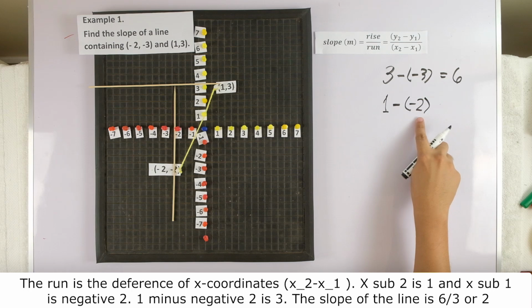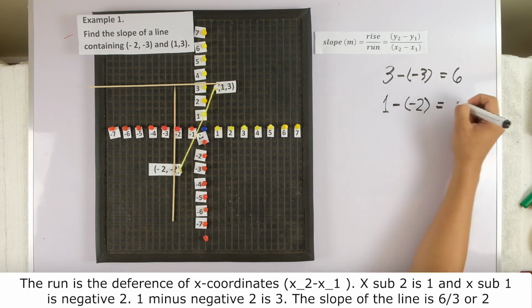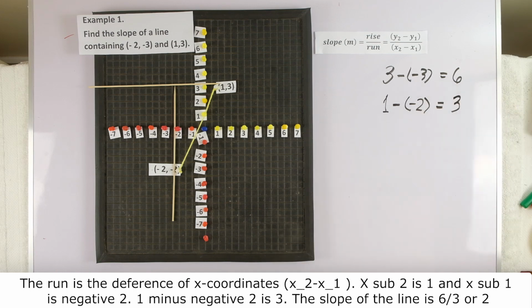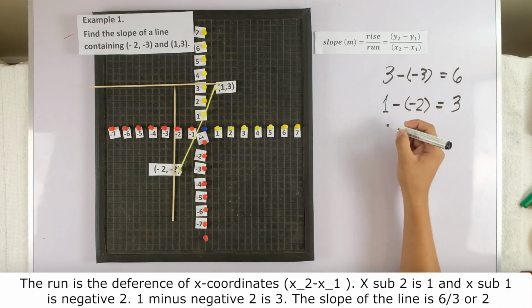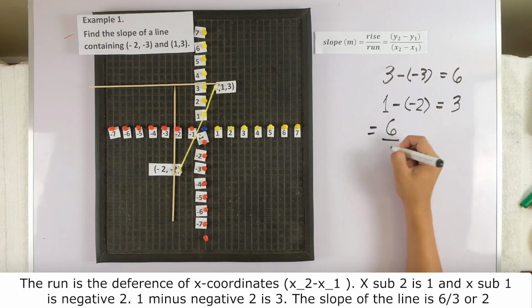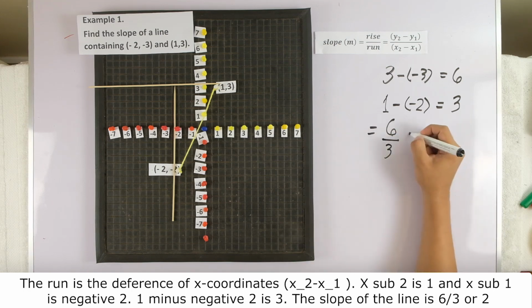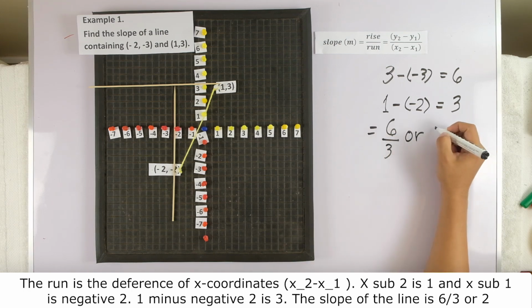One minus -2 is equal to 3. The slope of the line is 6 over 3, or that is equivalent to 2.